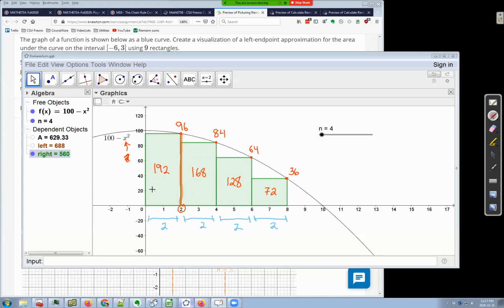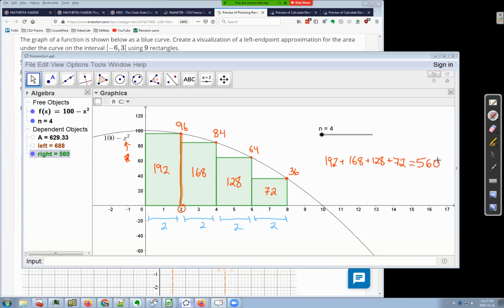And I would bet you a cookie that if you add all these numbers up, 192, why did I write a 6? 192 plus 168 plus 128 plus 72, that had better add up to 560.